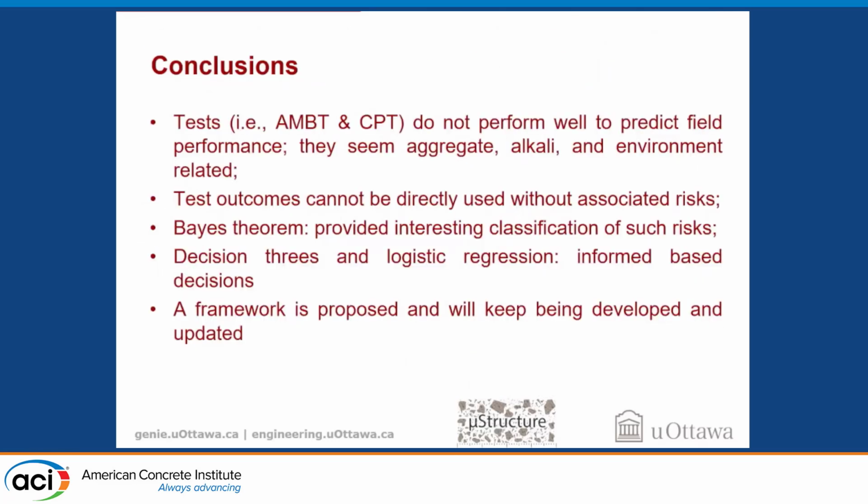So what are the main outcomes of that PhD research? I think the project of Anna didn't show anything new in the sense that we know that the tests are not good. For those working with ASR, we have known the tests are very bad for many, many decades. So we knew that.